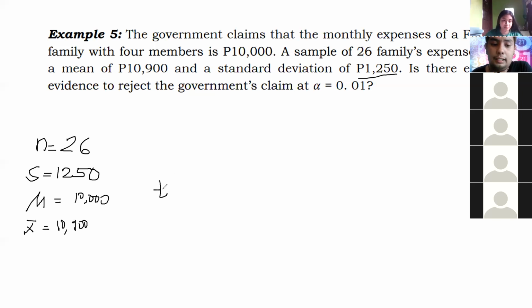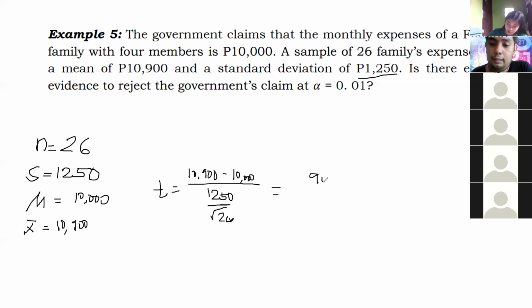So our t-test will be 10,900 minus 10,000 all over 1,250 over the square root of 26. So that's 10,900 minus 10,000.